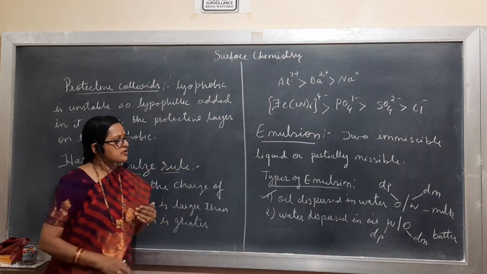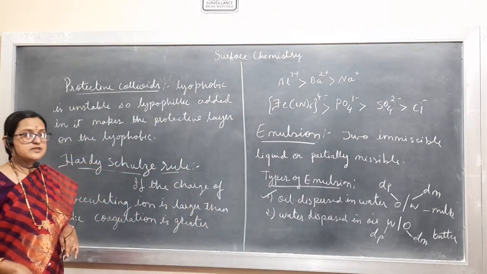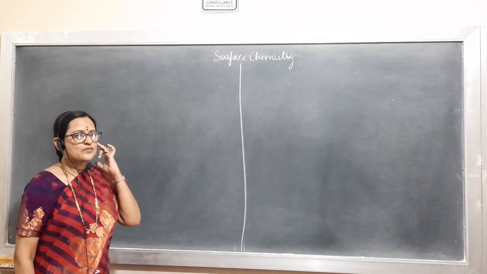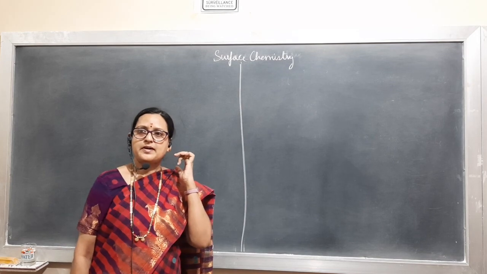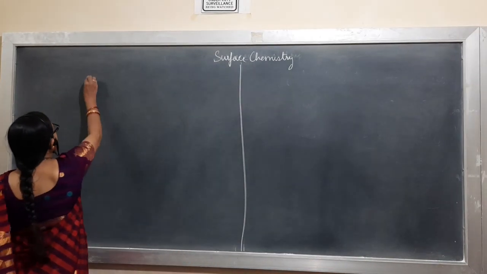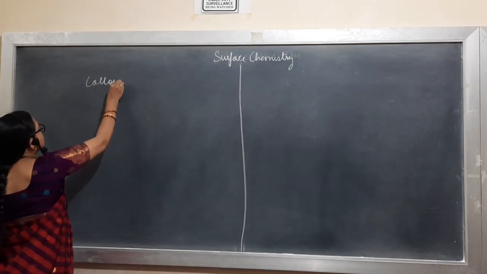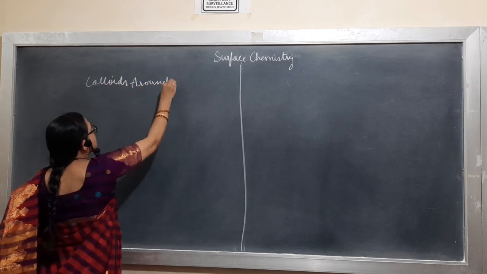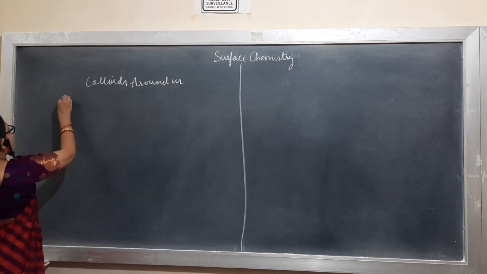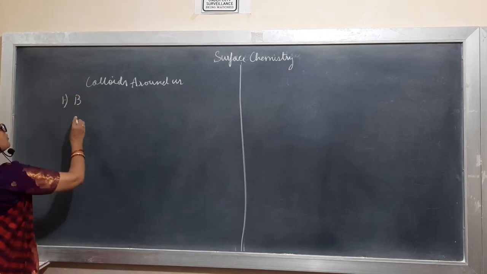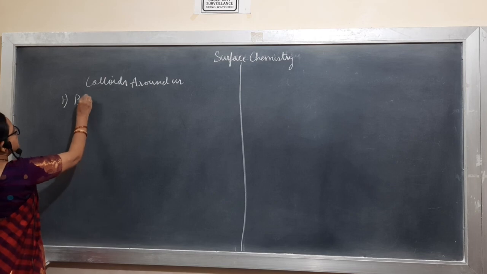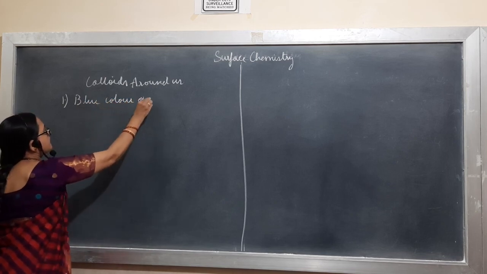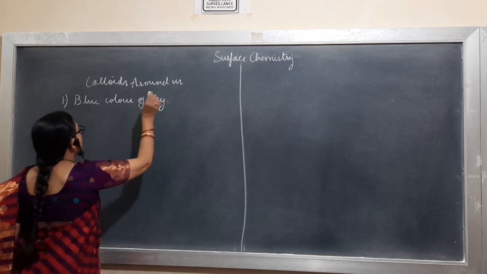After this, we are going to study the kinds of colloids around us. What kind of colloidal particles are we seeing around us? A few examples are here. One is the blue color of the sky.